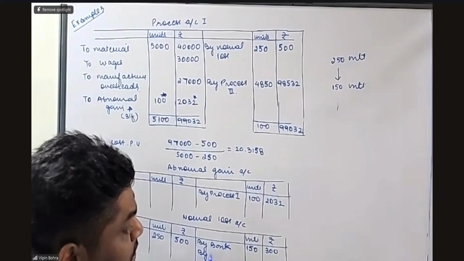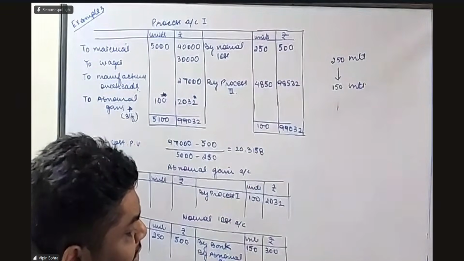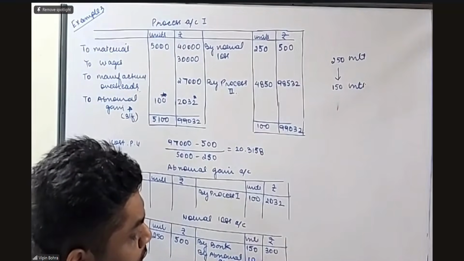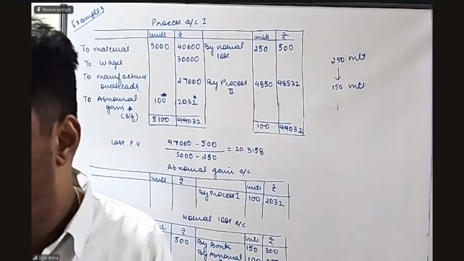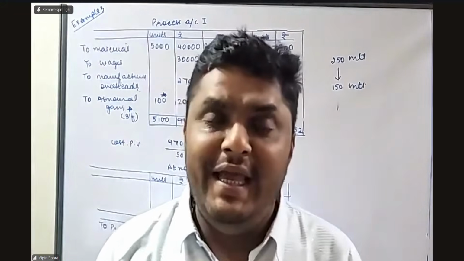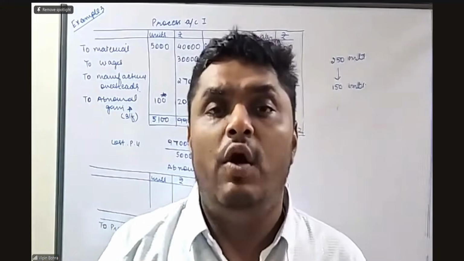Balance were to be adjusted against abnormal gain. I repeat again, abnormal gain is what? The saving in normal loss.